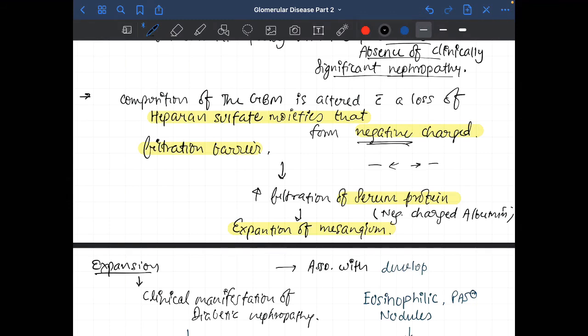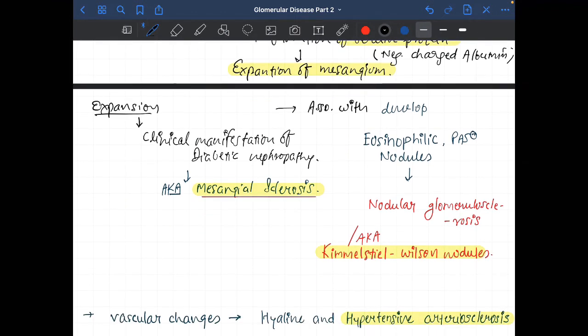There will be expansion of the mesangium that will allow the protein to pass. Alright, the expansion will allow the protein to pass and also will cause mesangial sclerosis.